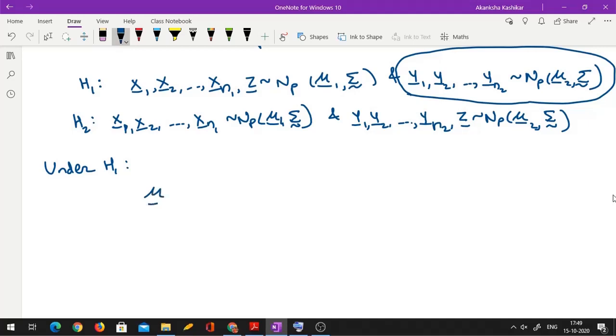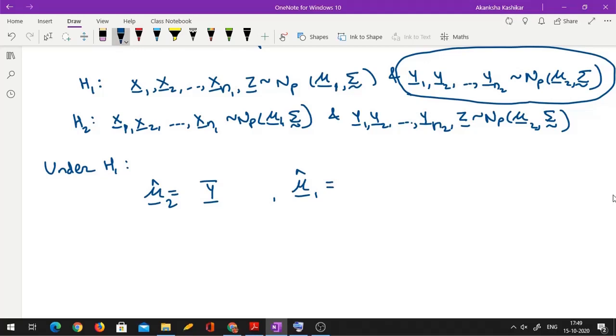So I can say mu2 hat is simply y bar. It won't get affected. What we are worried about is mu1 hat. mu1 hat is definitely going to get affected, because now I am saying that z also comes from the first population, so z would have some contribution in mu1 hat.